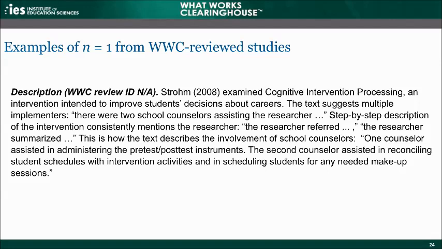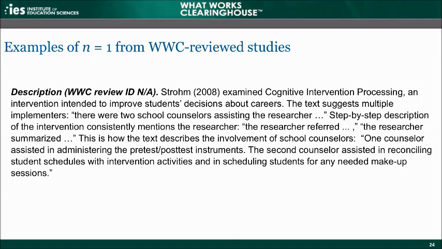This is how the text describes the involvement of school counselors. One counselor assisted in administering the pre-test, post-test instruments. The second counselor assisted in reconciling student schedules with intervention activities and in scheduling students for any needed makeup sessions.